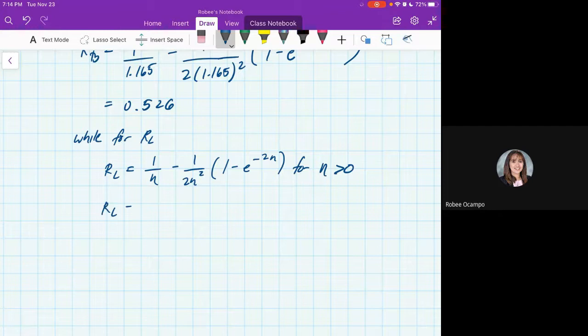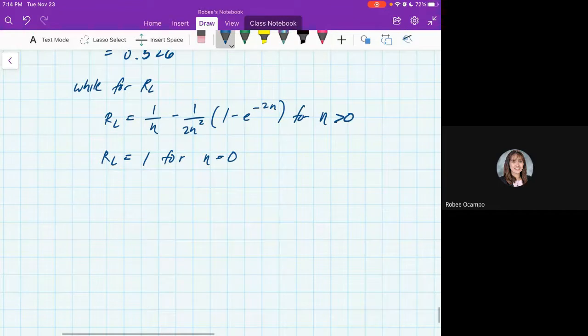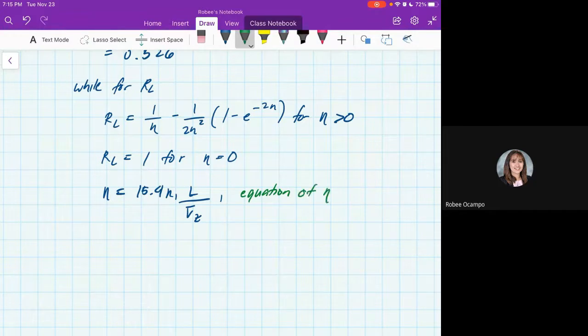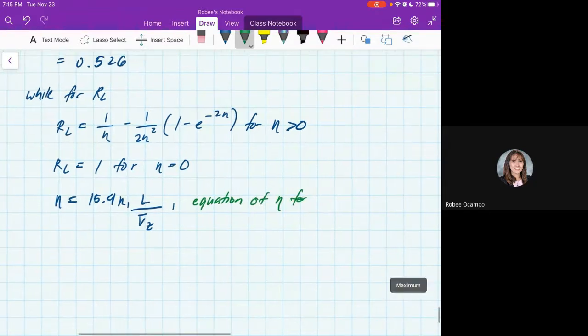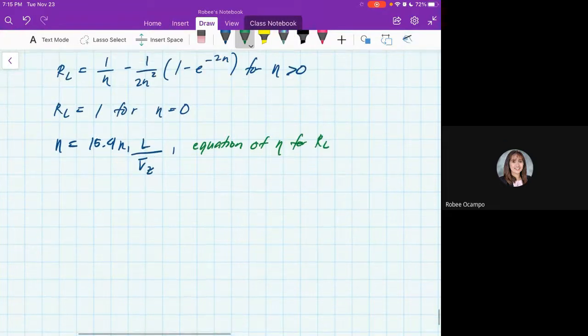And again, RL is equal to 1 if nu is equal to 0. Now, for our nu, for RL, that would be 15.4 times N1 over L over V bar sub C. So this is the equation of nu for RL. Okay?